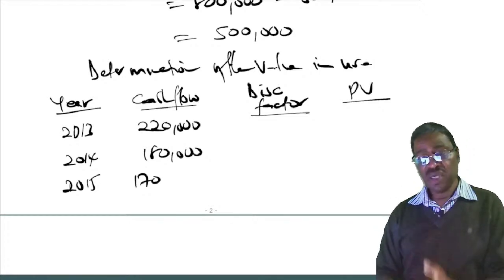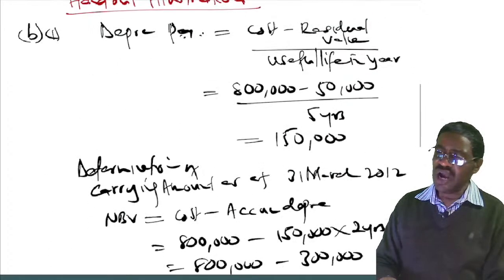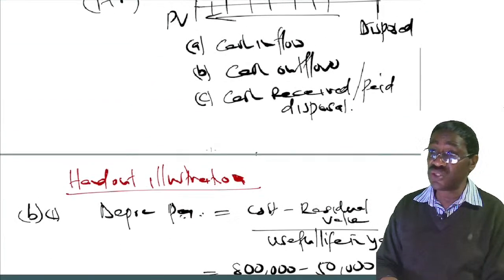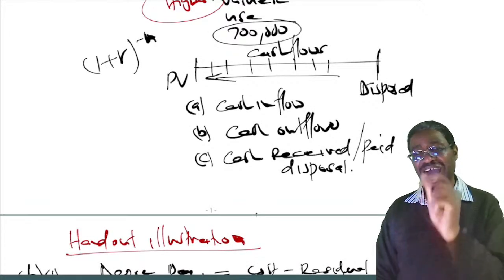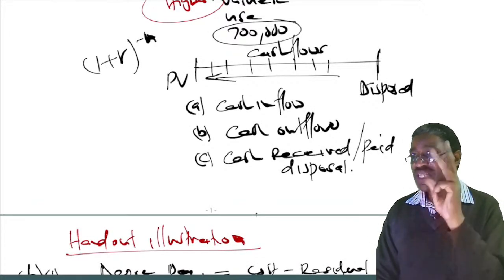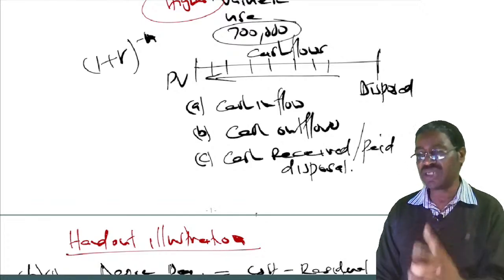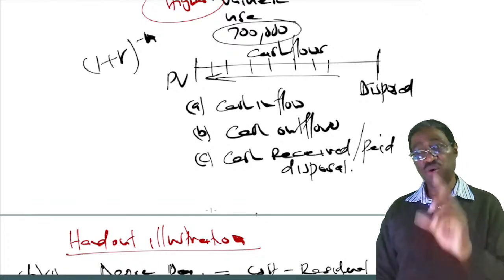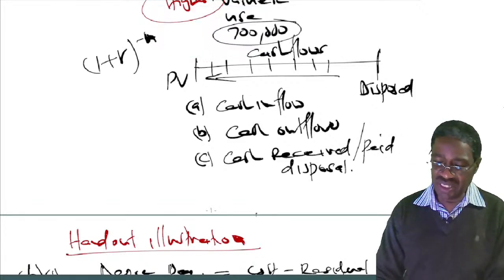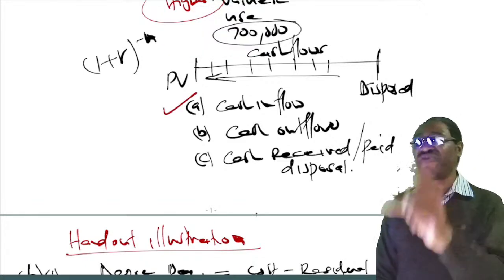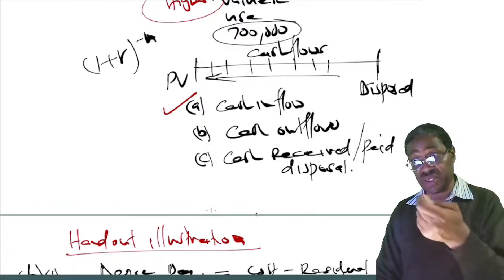When I was discussing how to determine the value in use, I told you the accounting standard identifies 3 components of cash flows that should be discounted in the determination of the value in use. Number 1, any cash inflow that will be generated from the continuous use of the asset.